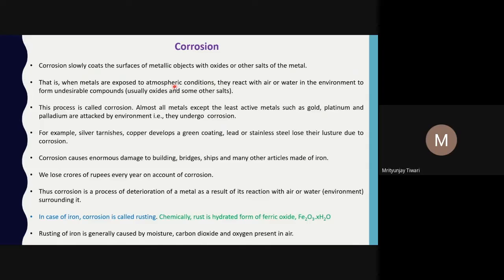An oxide or hydroxide layer forms on the surface, and once the oxide layer is formed, it coats that surface, and so further reaction doesn't take place. So corrosion slowly coats the surfaces of metallic objects with oxides or other salts of the metal.